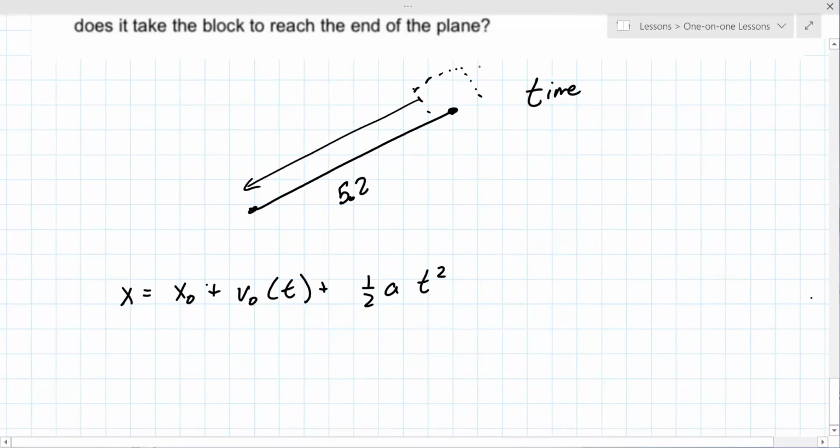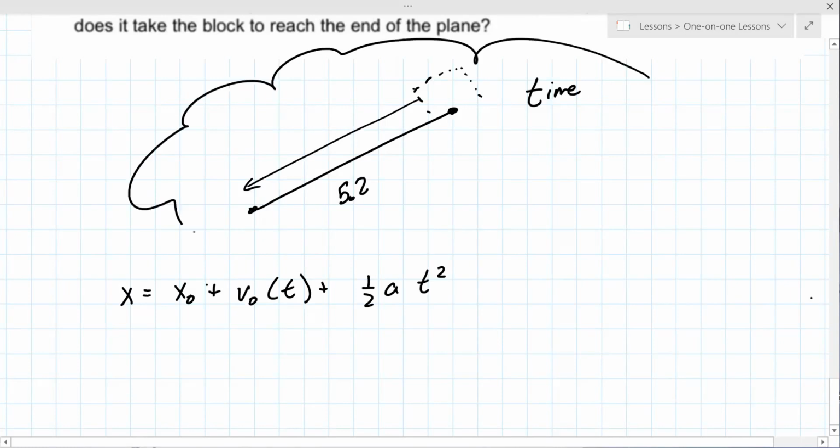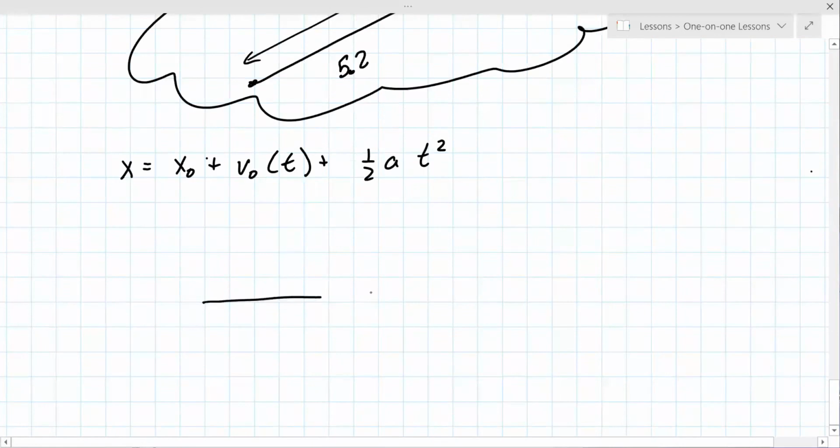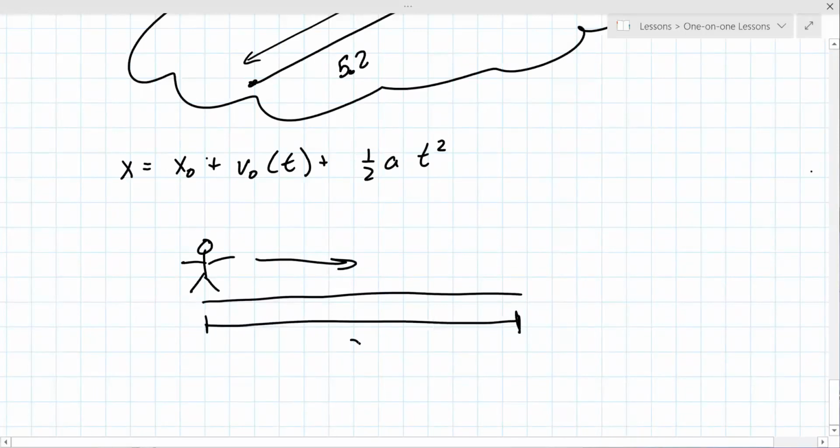Okay, so this whole thing that we're doing here is the same as you standing right here, instantly accelerating to the right 5.2 meters. It's the exact same problem. Okay, so let's say where you start, let's call that 0.